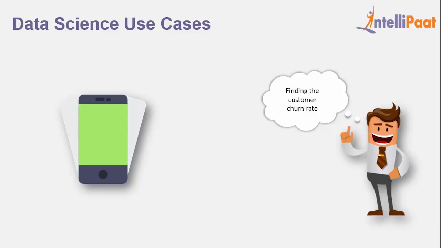They do a thorough analysis of data usage patterns, social media activity, and voice call or SMS patterns. The data scientists also analyze customer demographics so that proper segregation can be done in terms of age, gender, or geographic location. All of this analysis helps in providing the right offers to the right customers, and this in turn helps to retain the customers.